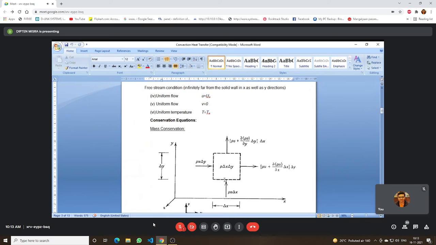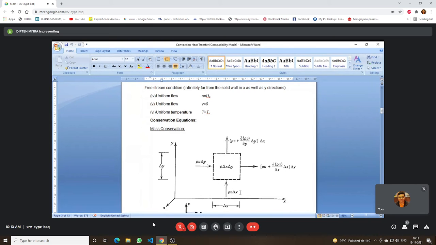So the rate of volume that is entering is given by velocity into area. Velocity into area gives you meter cube per second type of thing. Velocity has a unit of meter per second, area has a unit of meter square. So if you have velocity into area, you get the meter cube per second.